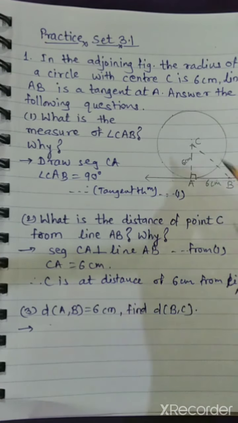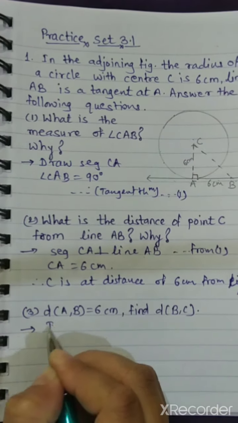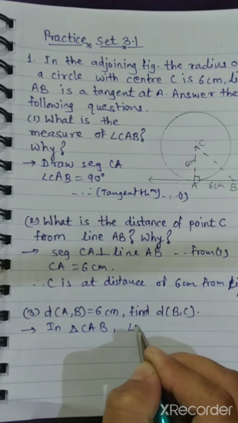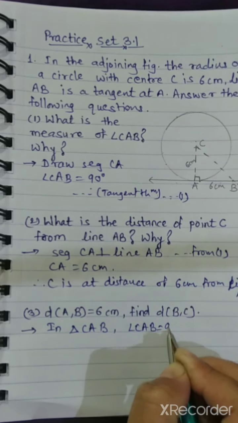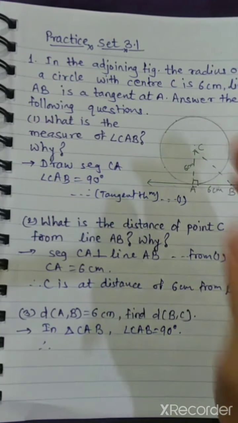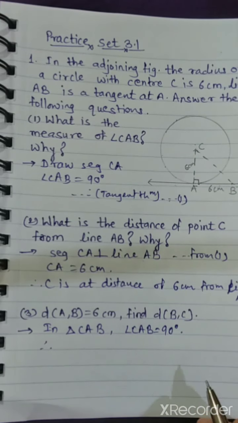So our triangle CAB is a right angled triangle. Here in triangle CAB, angle CAB is equal to 90 degree. Therefore the triangle CAB is a right angled triangle.